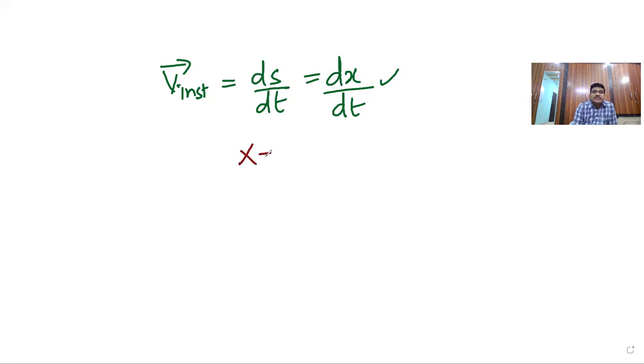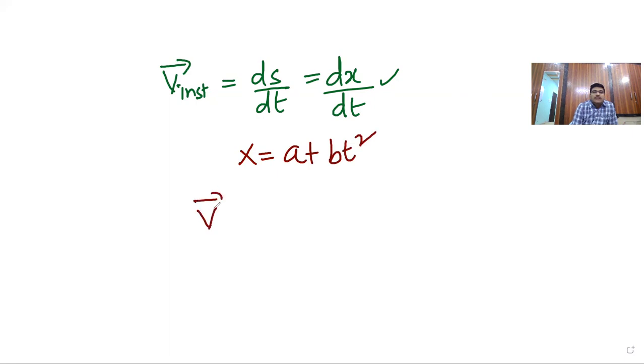What is the instantaneous velocity? V bar vector instantaneous is ds by dt. Since displacement is provided as x in place of s, here it is dx by dt, because the equation is given in terms of x. The general terminology is s, but the equation is given in terms of x, so in place of s we are following x. Clear? Now, the given equation is x is equal to a plus b t square.